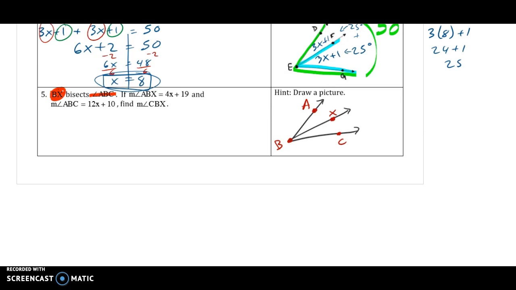Let's fill in what we know. ABX is 4x plus 19. So ABX is this one here, 4x plus 19. And ABC is 12x plus 10. A to B to C is the whole thing.